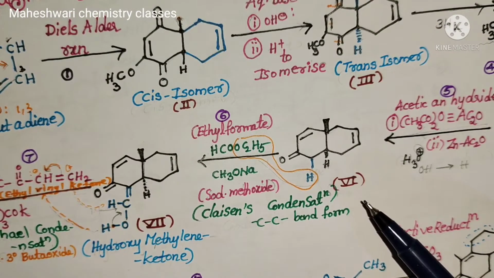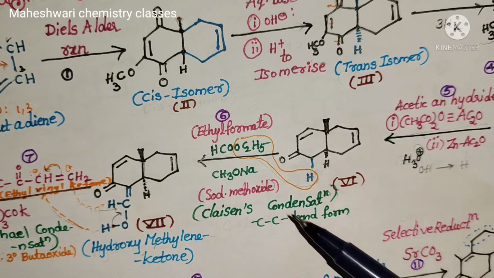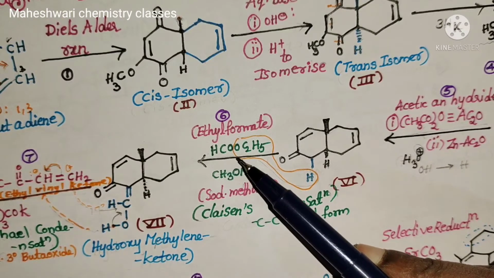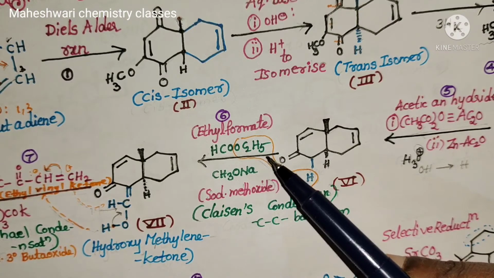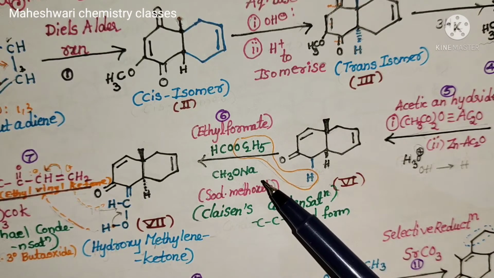After that, this undergoes the Claisen condensation reaction in the presence of ethyl formate and sodium methoxide. In formic acid, in the place of hydrogen, ethyl is there, that is why it is called ethyl formate. This is the sodium methoxide.